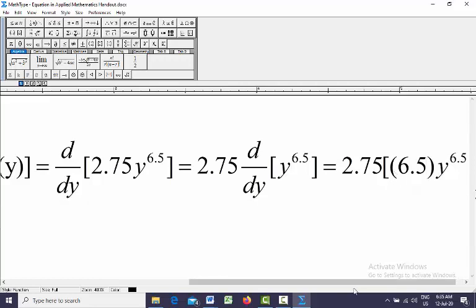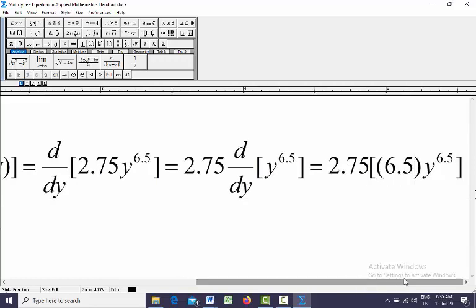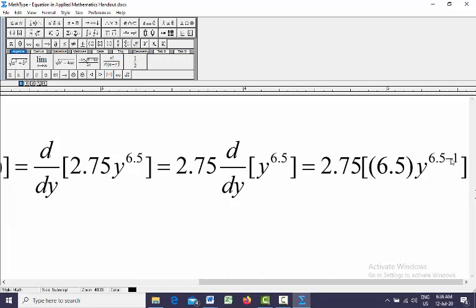That means to do the differentiation, you bring the power first, and then from the existing power you deduct 1. The existing power was 6.5, and from that you deduct 1.